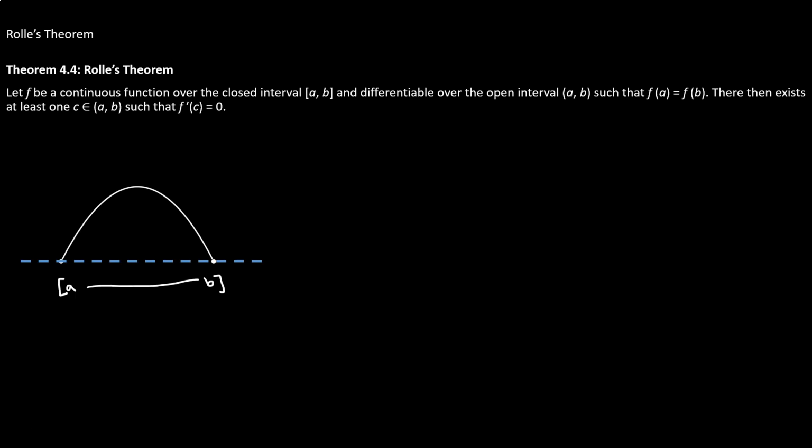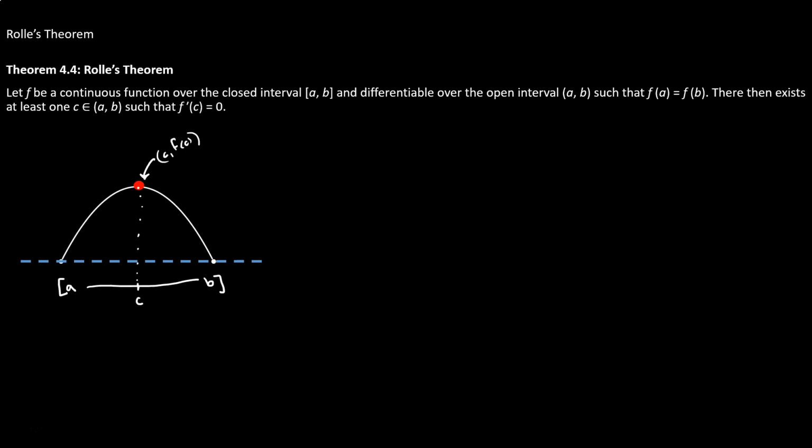then they're guaranteeing that there is at least one c value in between a and b, such that at that c value, so c is the input, the output would be f at c. That's what that point is at the top there of our hill, saying that's a critical point.